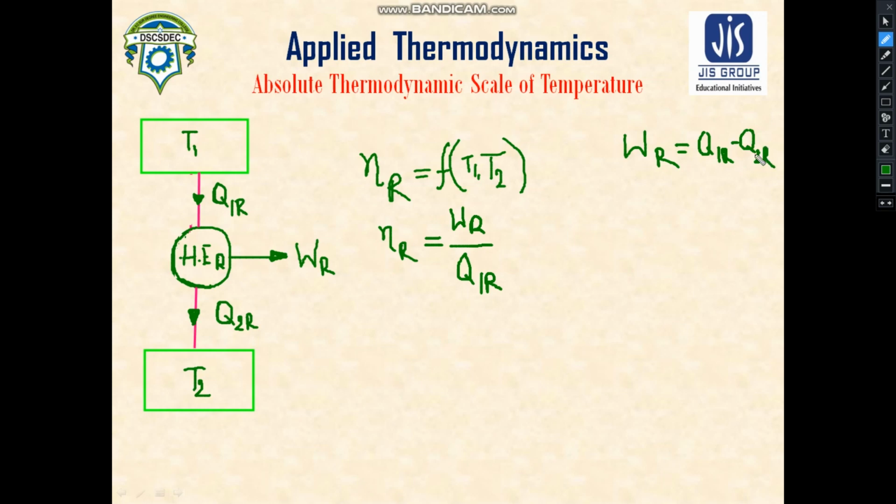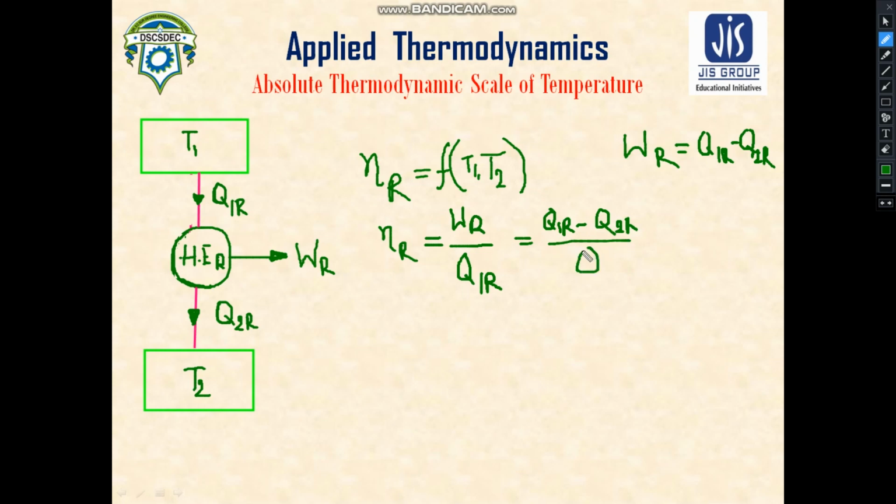That means the heat added minus the heat rejected to the sink gives you the work output.